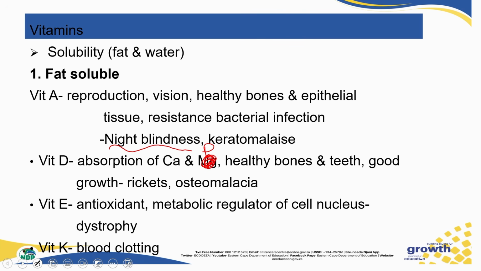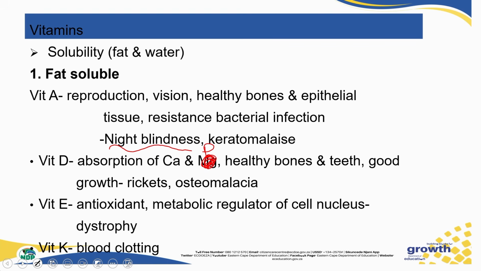We know when we talk of phosphorus and calcium, we talk of healthy bones and teeth. And if an animal is deficient of vitamin D together with the macronutrient minerals, calcium and phosphorus, the animal will have rickets. Rickets will be in young animals. Osteomalacia will be porous bones in old animals.